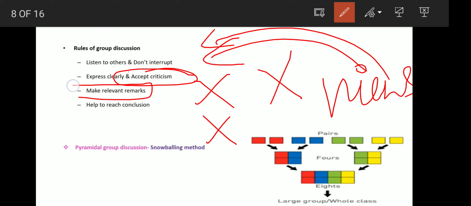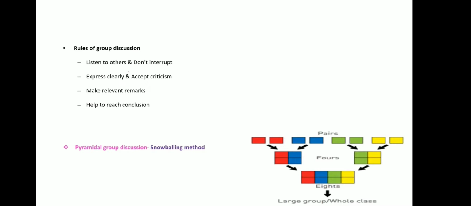Also make relevant remarks and help to reach the conclusion. We should be flexible enough to understand others' opinions and ideas, and make sure we come to a conclusion rather than having a quarrel or only trying to be dominant. We have to make sure that we reach a conclusion.